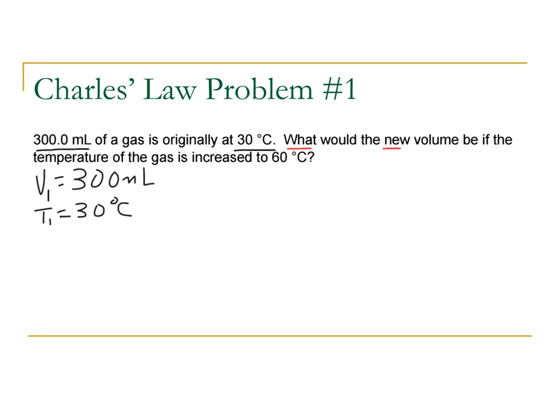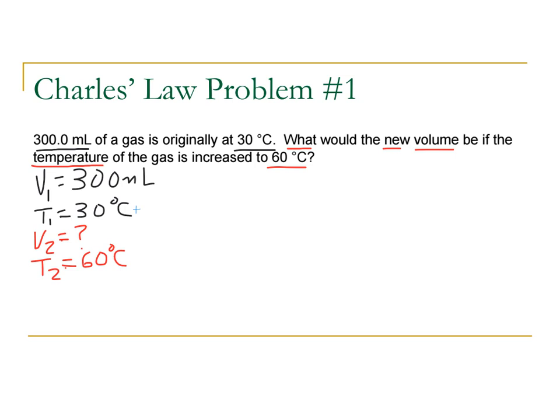What would the new volume be? So I see a question word there. Looks like I'm looking for volume, so I'm going to write down V2 equals question mark. And then I keep reading. I see something, temperature is raised to 60 degrees. So I'm going to write that out. T2 here equals 60 degrees. Now I've got all my stuff written down. I don't ever have to read the question again.